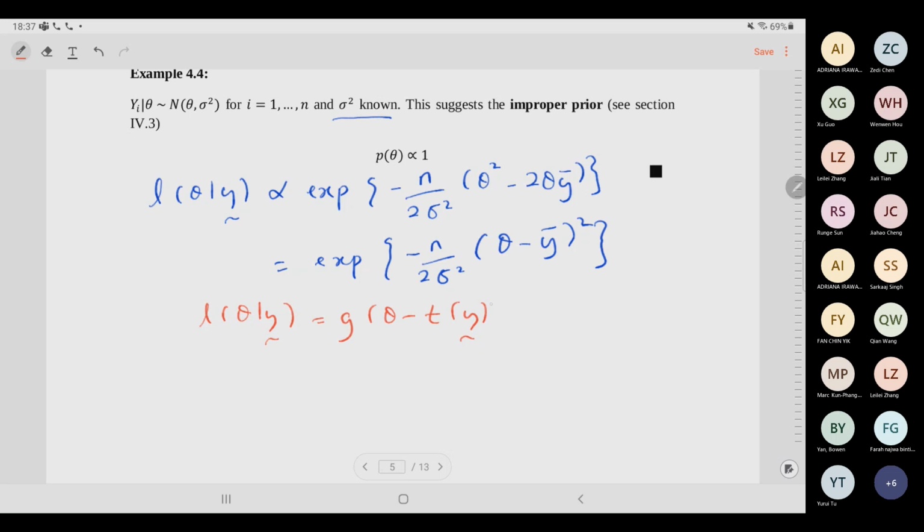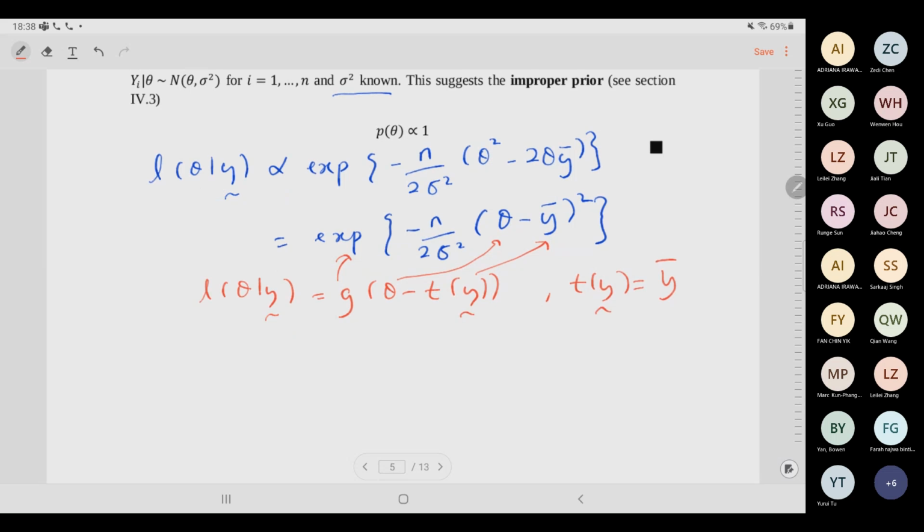If you look over here, this function is your exponential, and then you have your theta here, and your sufficient statistic here is your mean. So this implies that your t(y), your sufficient statistic, is actually y bar.